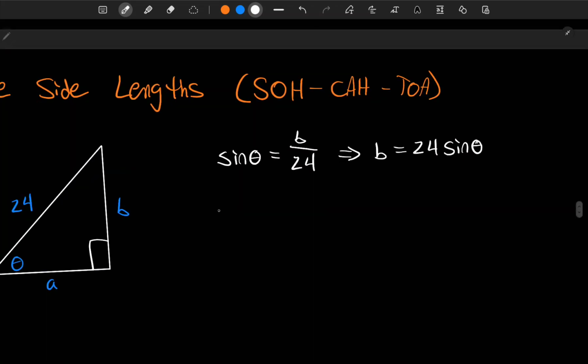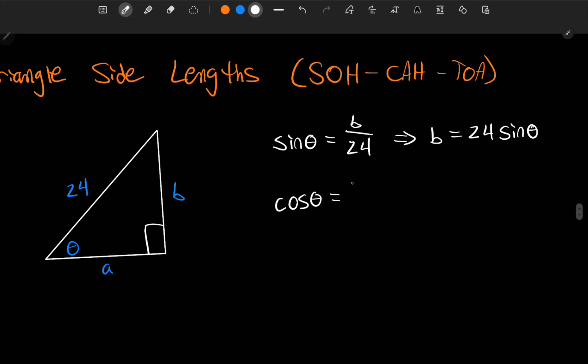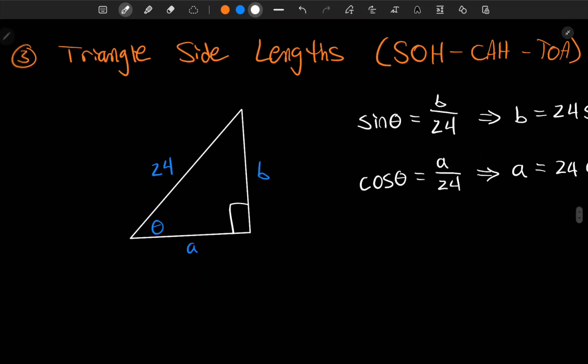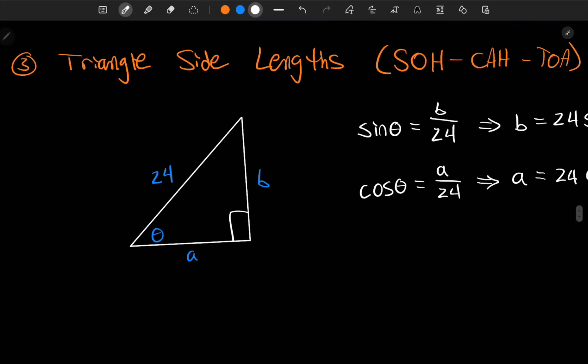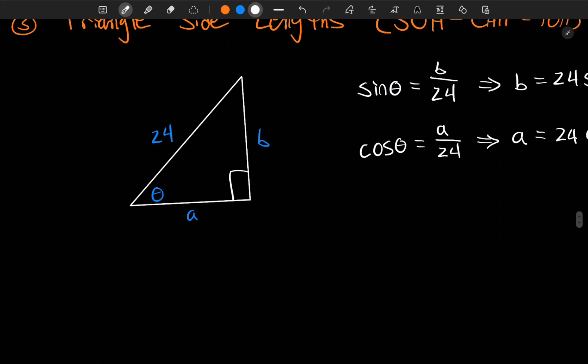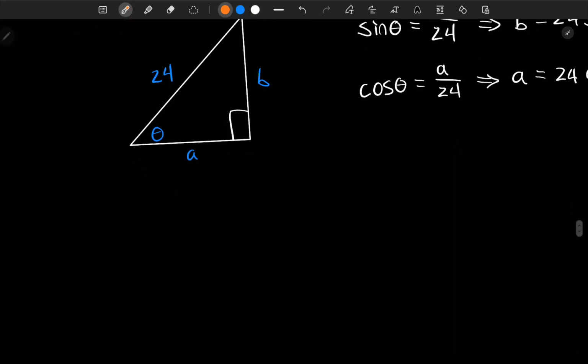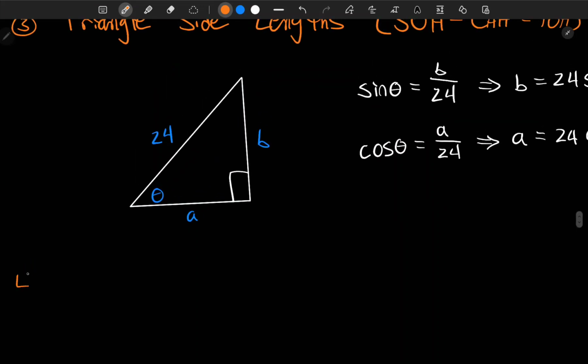Moreover, we know that the cosine of theta is equal to the adjacent side length, A, divided by the hypotenuse, which is 24, which means that A is equal to 24 times the cosine of theta. Then we can also look at trig identities.